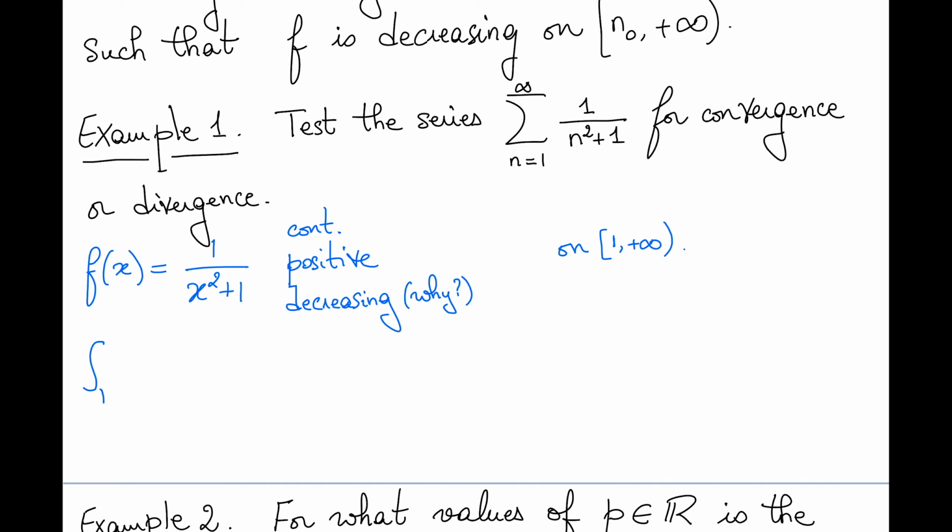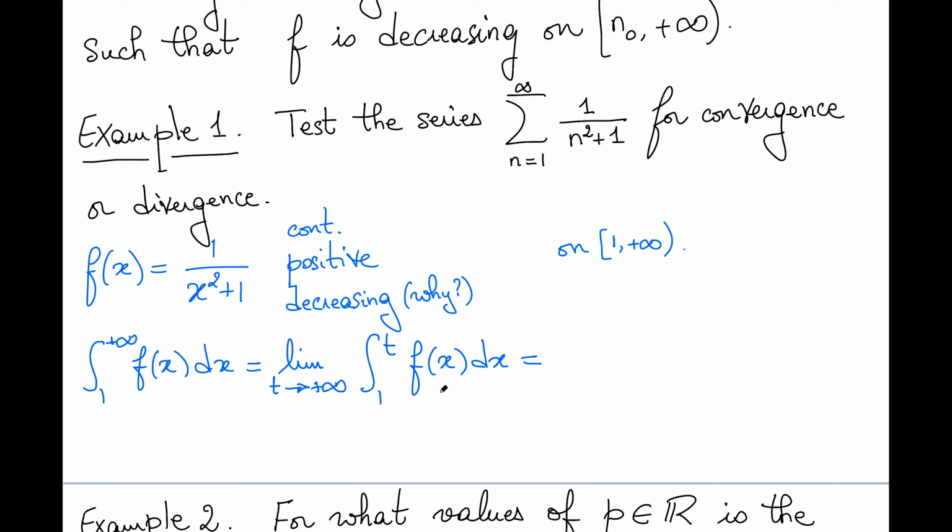So the integral from 1 to plus infinity of f of x dx is the limit as t goes to plus infinity of the integral from 1 to t of f of x dx. But look at f of x. f of x is 1 over x squared plus 1. So the integral of this is arctan, right?